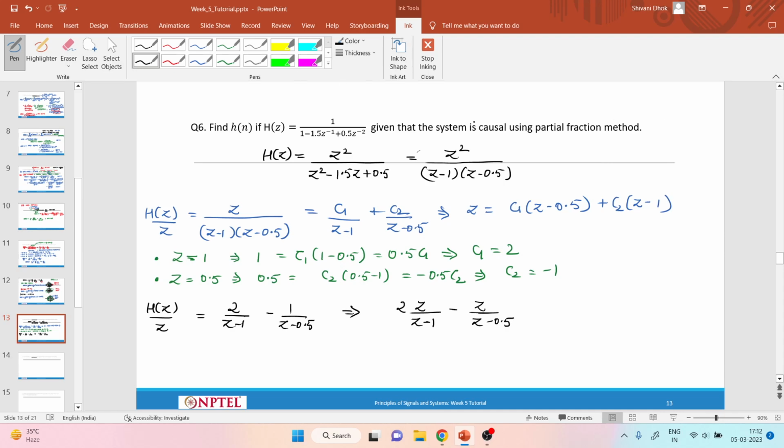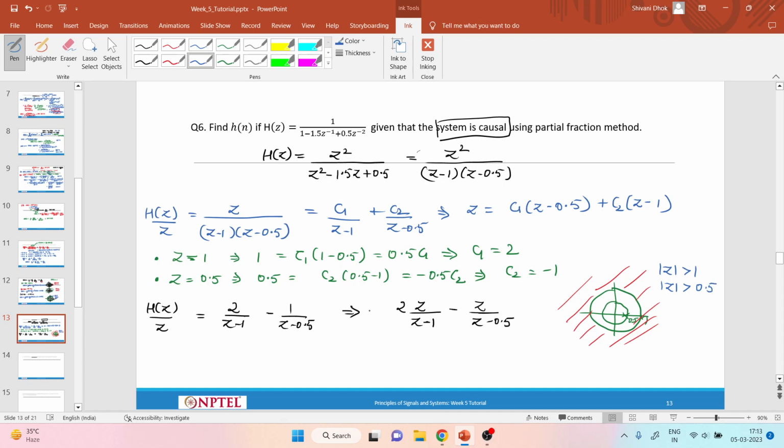Now what we have been given is the system is causal. For a causal system, the region of convergence is always exterior to the outermost pole. One pole is at 0.5 and the other pole is at 1. So for the system to be causal, my region of convergence should be something like this, which is magnitude of z greater than 1, possible only when magnitude of z is greater than 1 as well as greater than 0.5.